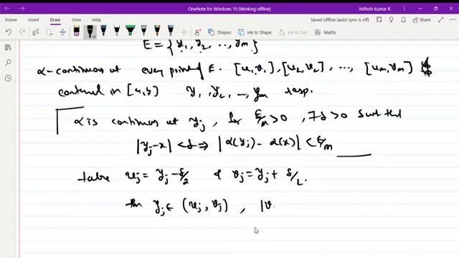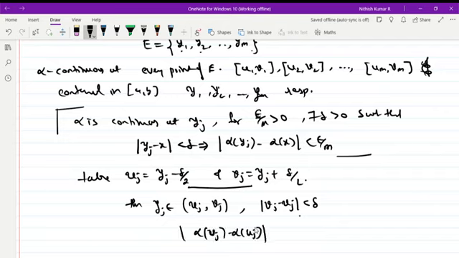Moreover, modulus of vj minus uj is less than delta. Also this implies alpha of vj minus alpha of uj is less than epsilon by m.